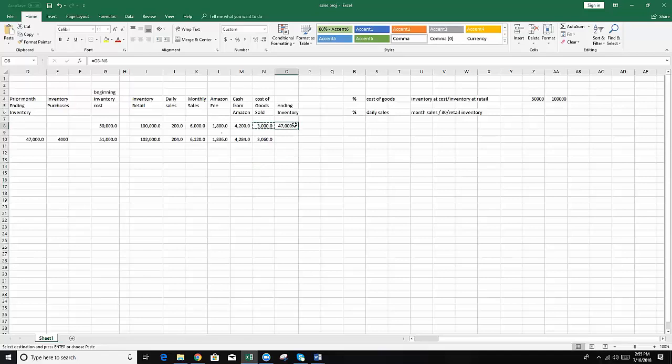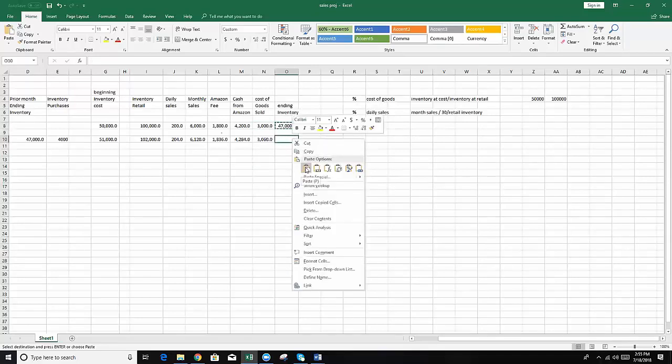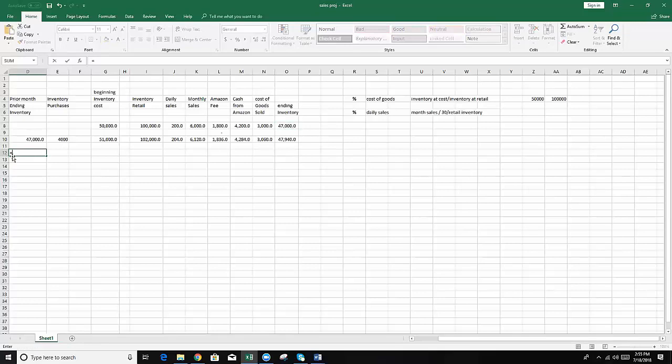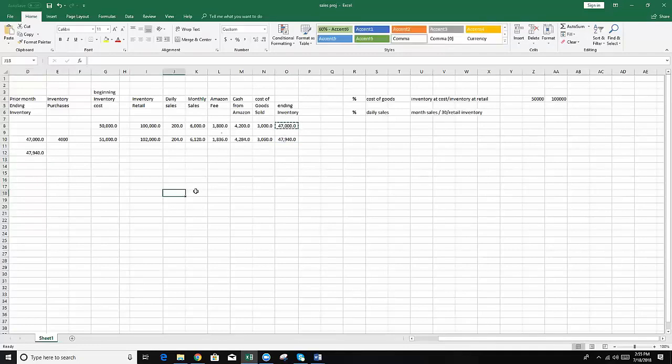And the inventory, that much, which becomes the beginning inventory over here. So that's how you would do this.